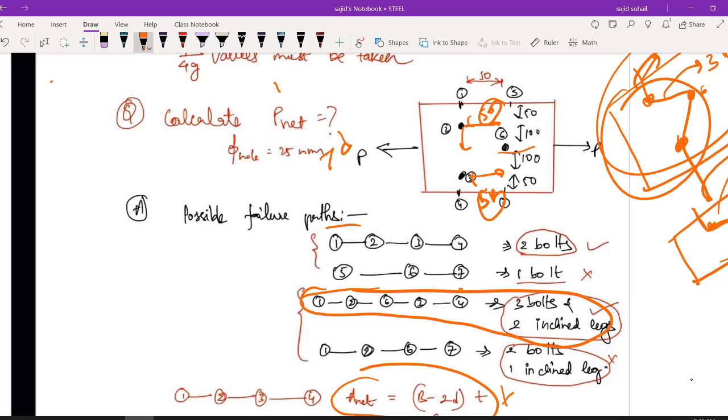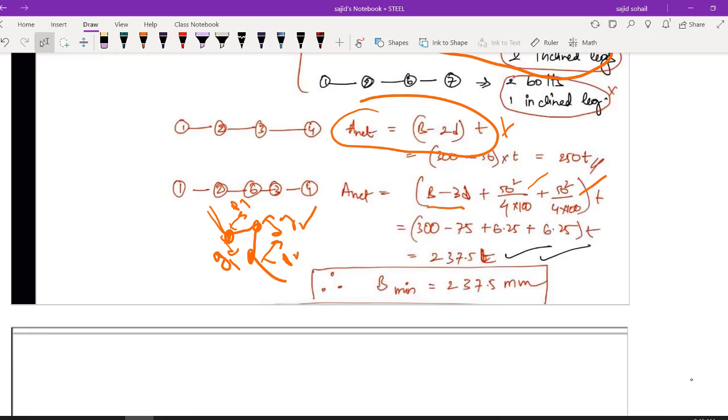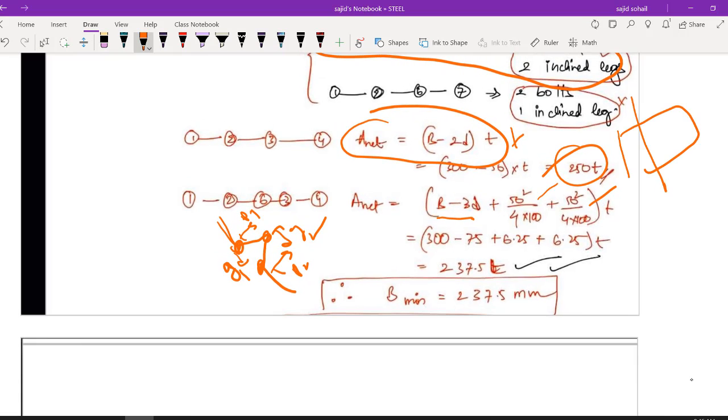And my gauge, it is clearly given as 100 and 100. So my g1 and g2 are 100. So just substitute in formula and check. Okay, यहाँ पे आ गया था 250t if I am considering a straight line. If I am considering something like this, then you just multiply these terms and add and check what you are getting. You will be getting in this above example, just solve and see, 237.5t. Now you tell me which is area minimum.